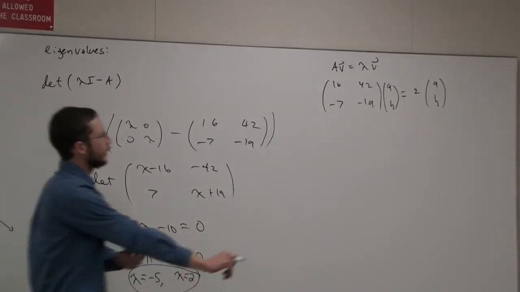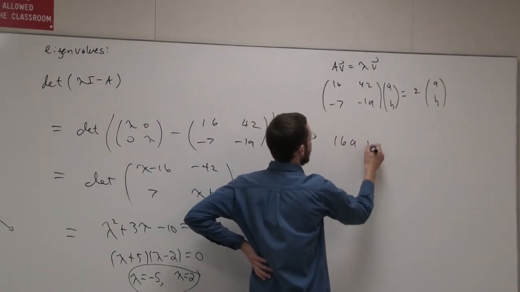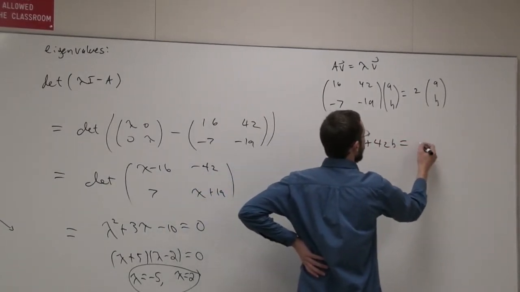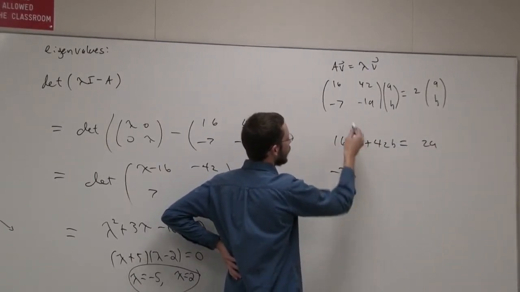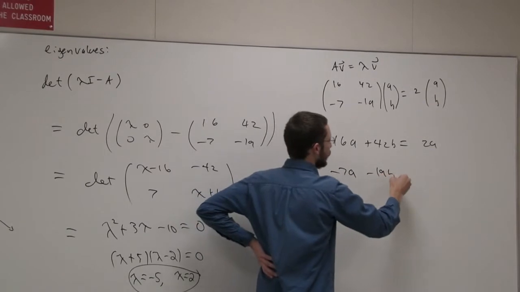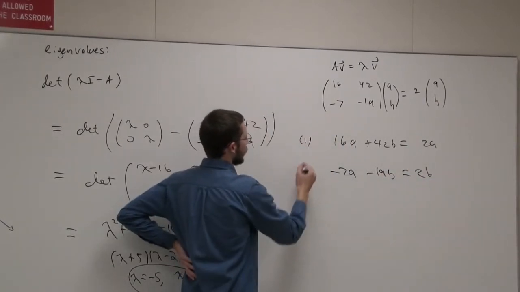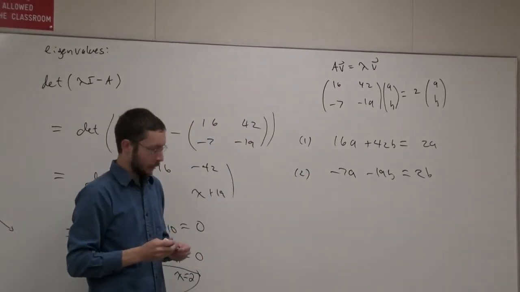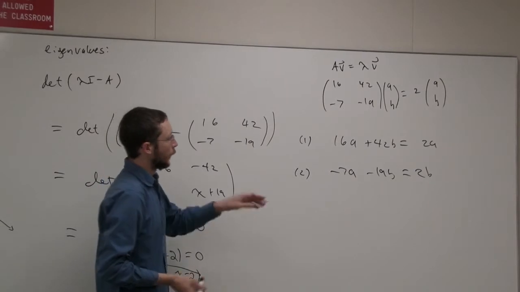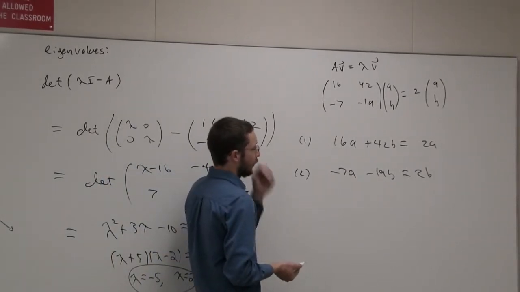All right, so I'm going to write this in linear system notation. This is 16A plus 42B equal to 2A, and minus 7A minus 19B equal to 2B. And then we can rewrite this in slightly different form.